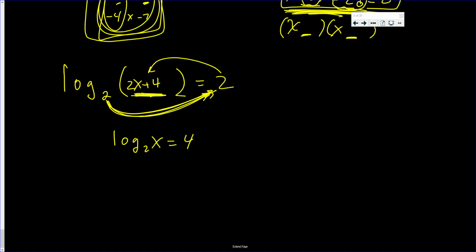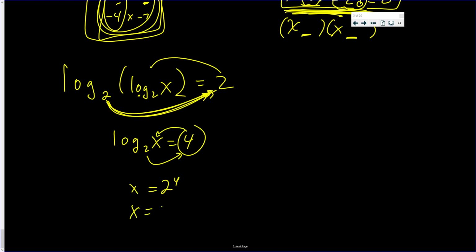Whatever's in here is 4. And if what's in here is log base 2 of x, whatever, 2 to the 4th is equal to x. And I know what 2 to the 4th is. It's 16.